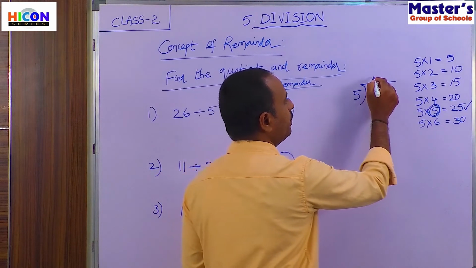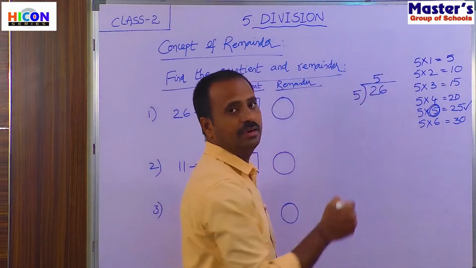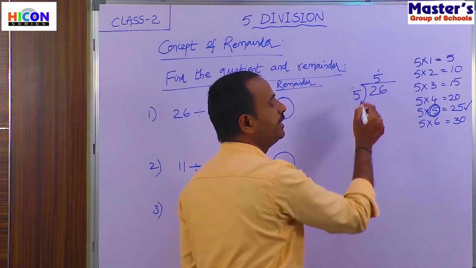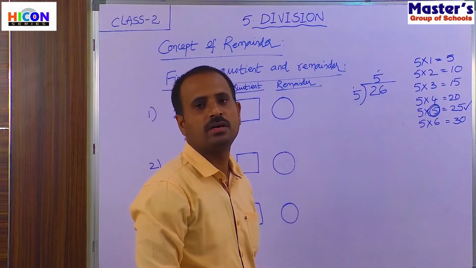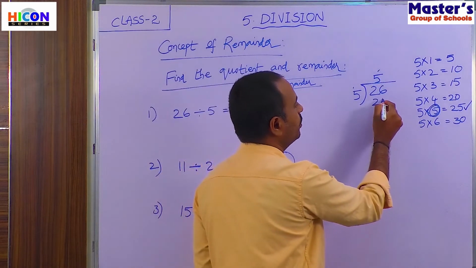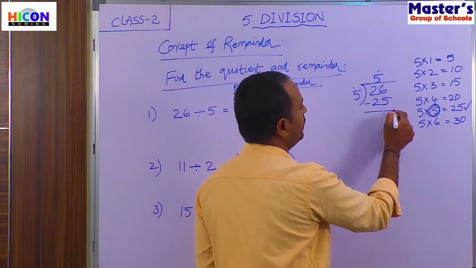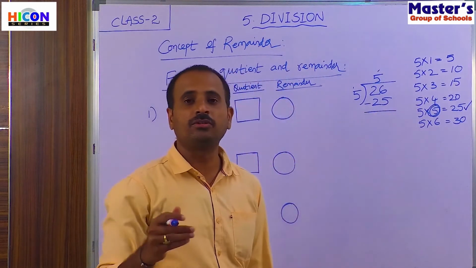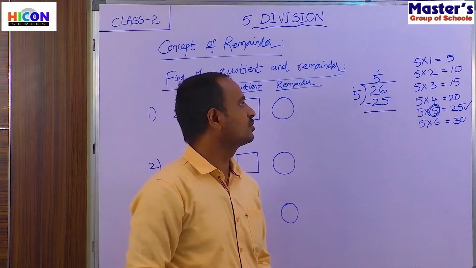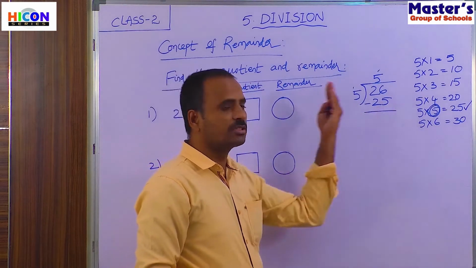So write 5 in the quotient above the dividend and multiply these two numbers. That is 5 into 5. 5 fives are how much? 5 fives are 25. And write the product below the dividend and subtract. If you subtract 25 from 26, start the subtraction from the ones place first.